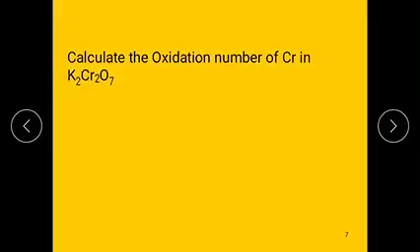Let us calculate the oxidation number of chromium in K2Cr2O7, potassium dichromate.